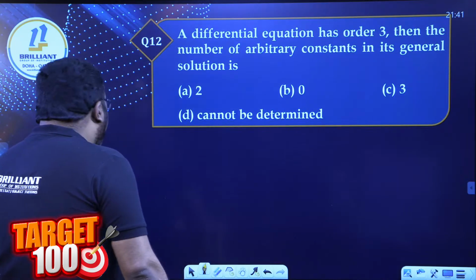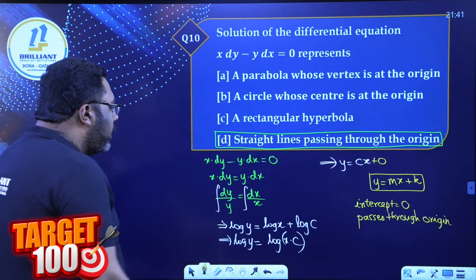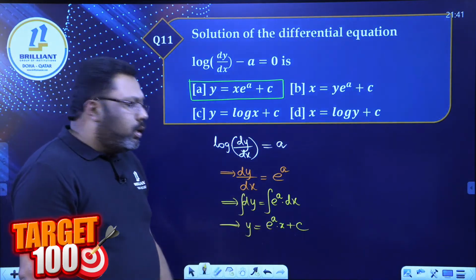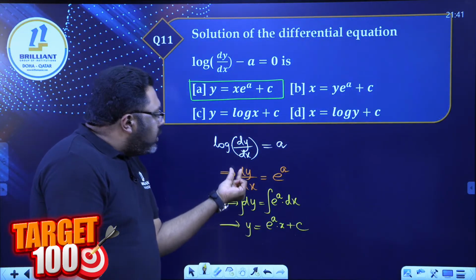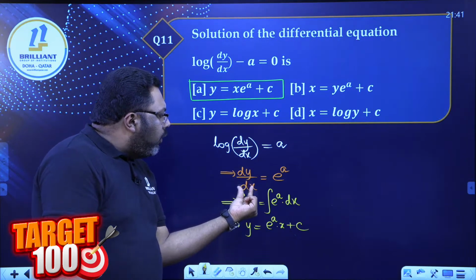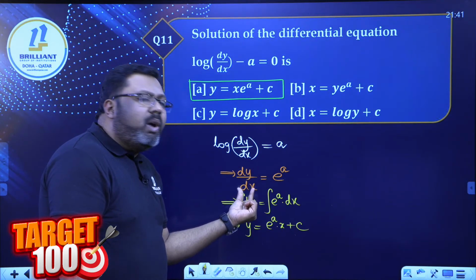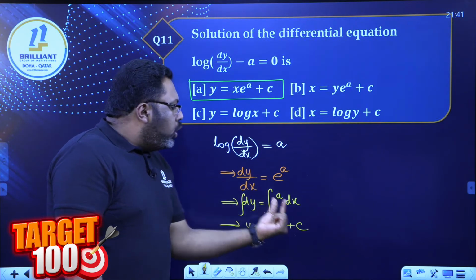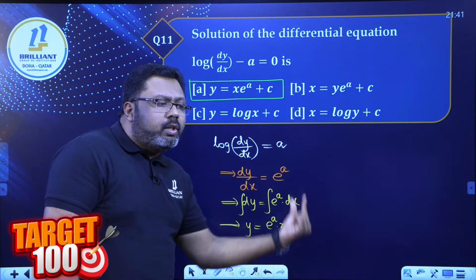So before going to that, let me show you something. You solve this differential equation, right? And what was the order of this differential equation, all of you? Look at this. Isn't it dy by dx, with order 1? And when you have order 1, you got one arbitrary constant called c.